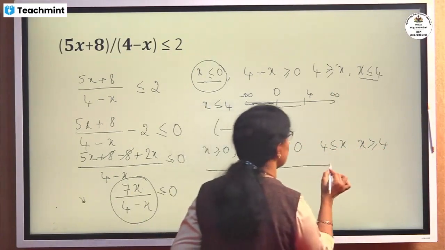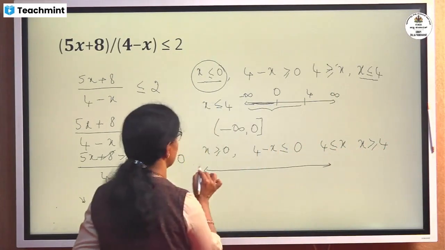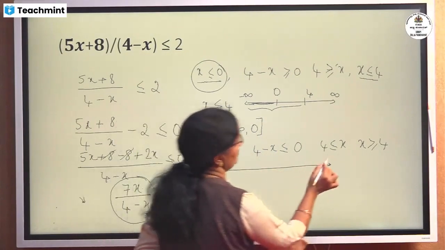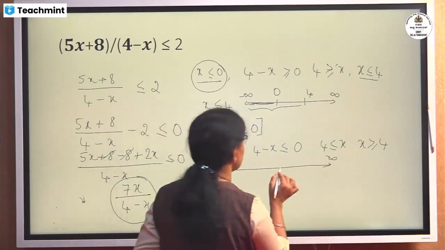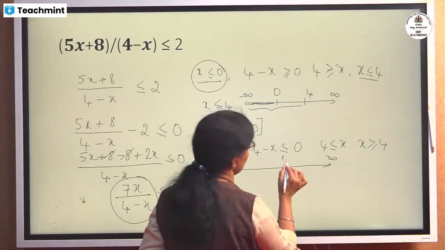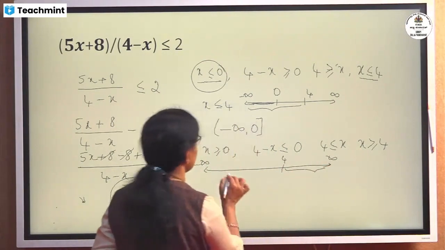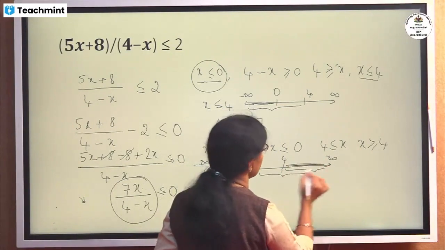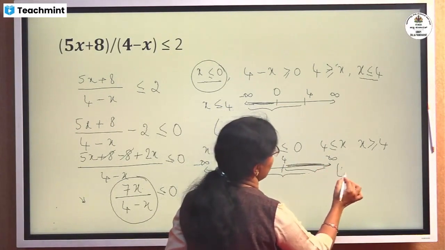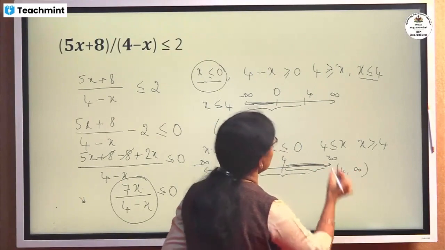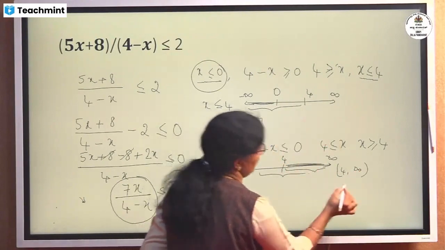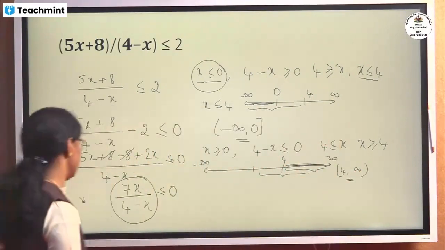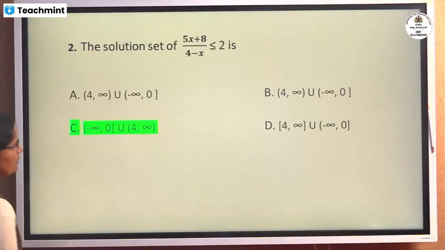Here also, you may have the number line, minus infinity to plus infinity. X is greater than 4, this is the portion, and x is greater than 0, this is the portion. The common area is this. Therefore, 4 to infinity. If you combine these two results, you will get the answer.